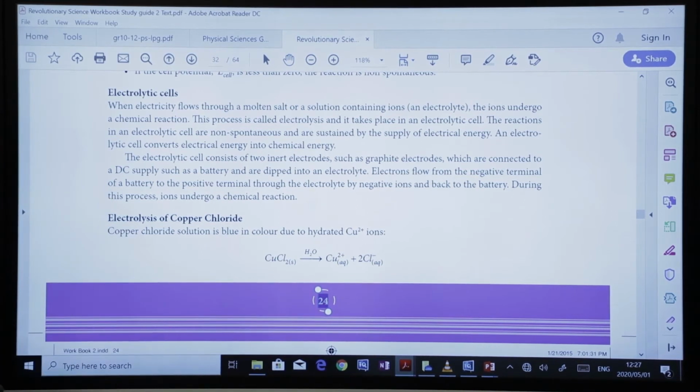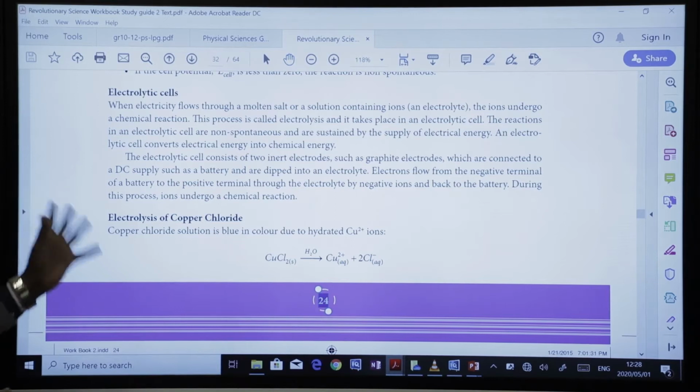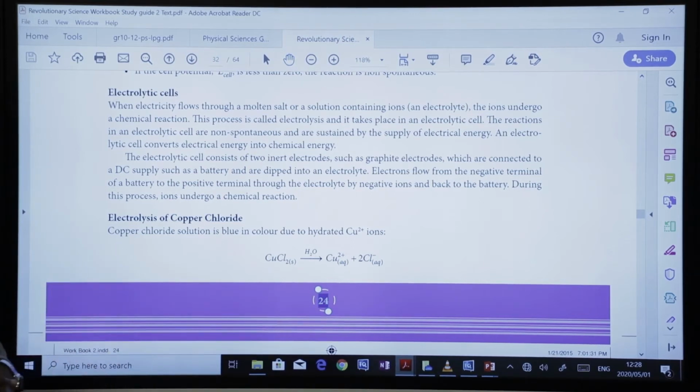So an electrolytic cell converts electrical energy into chemical energy. Okay, but the opposite is true for a galvanic cell, where you actually use chemical energy to change it into electrical energy. Okay, so the electrolytic cell consists of two inert electrodes, such as graphite electrodes, these are carbon electrodes, which are connected to a direct current supply, such as a battery, and are placed into the electrolyte.